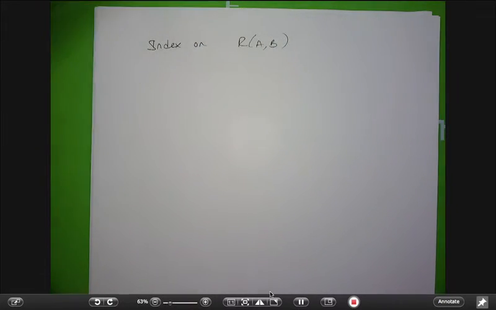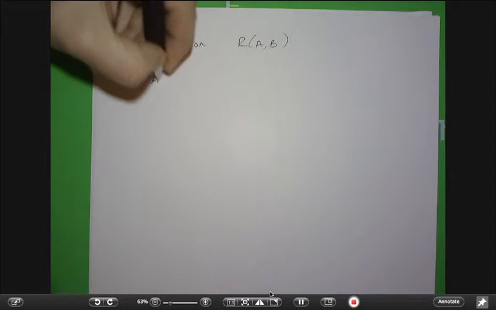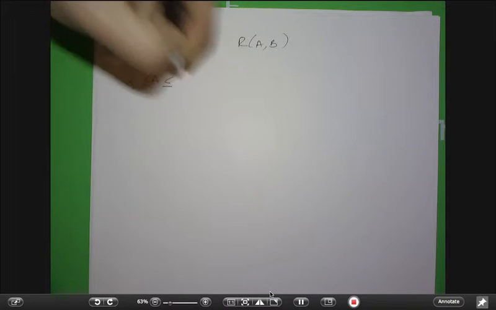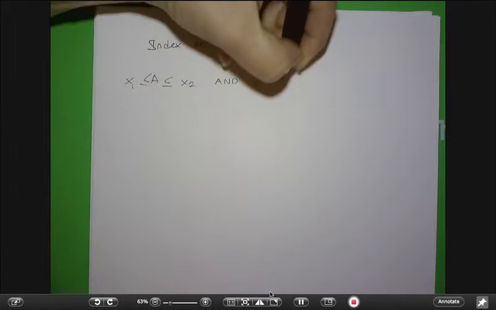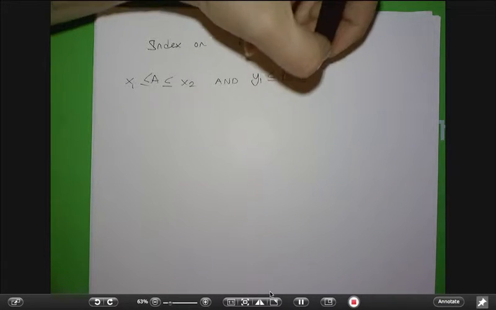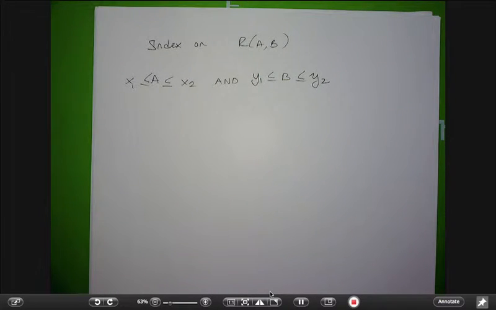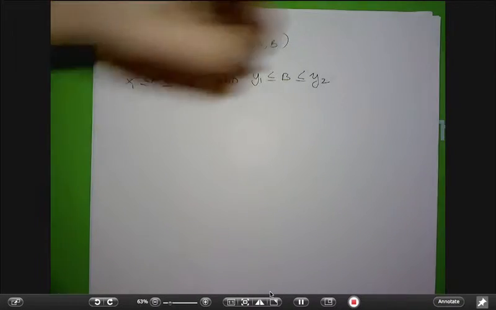So you have, let's say, an index on R, A, and B, right? Then you search for A between x1 and x2, and B between y1 and y2, right? For this, it's actually totally useless for this part.